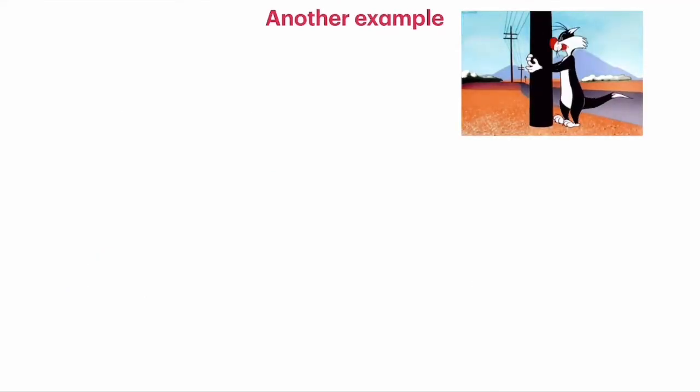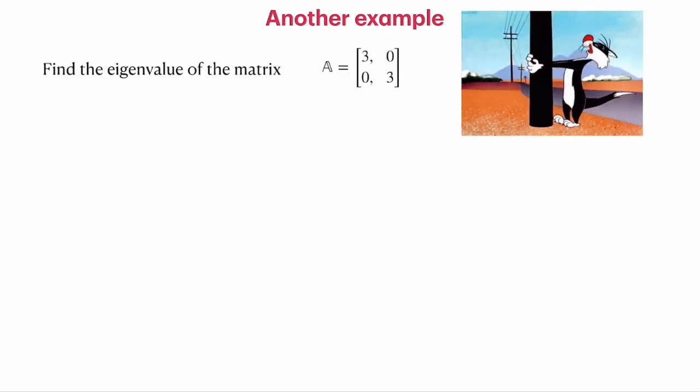Another example. Again, find the eigenvalue for the matrix in R2, that is A equal to 3, 0, 0, 3. It's a diagonal matrix. You could have different diagonal elements, but you could have them the same too.